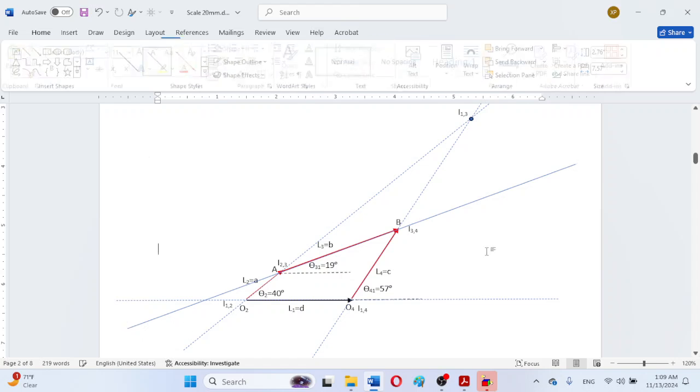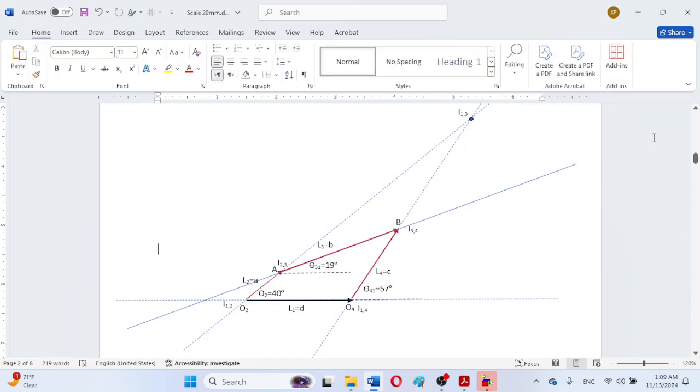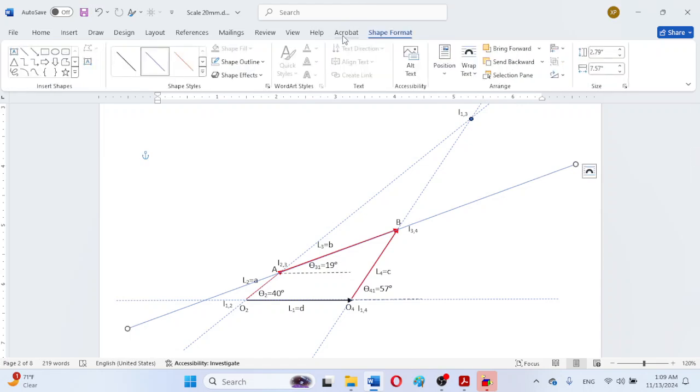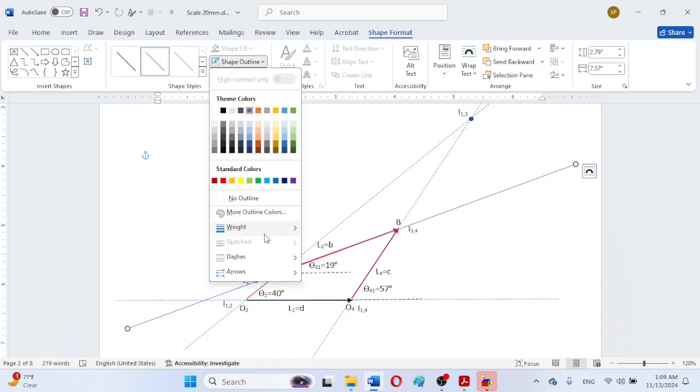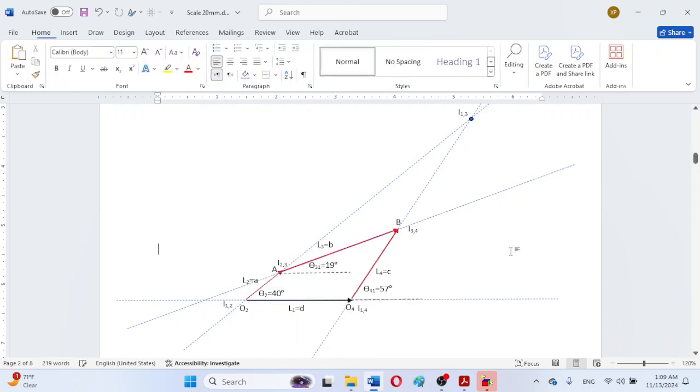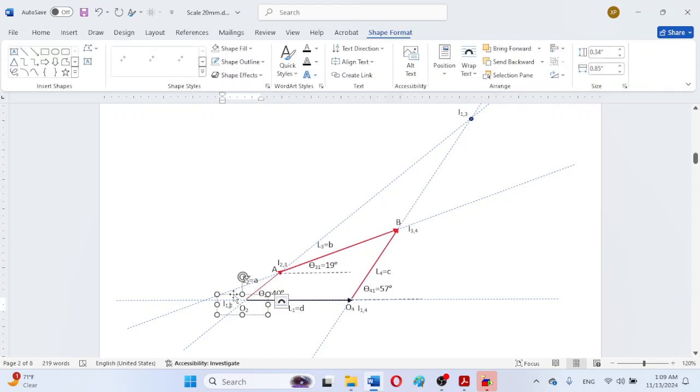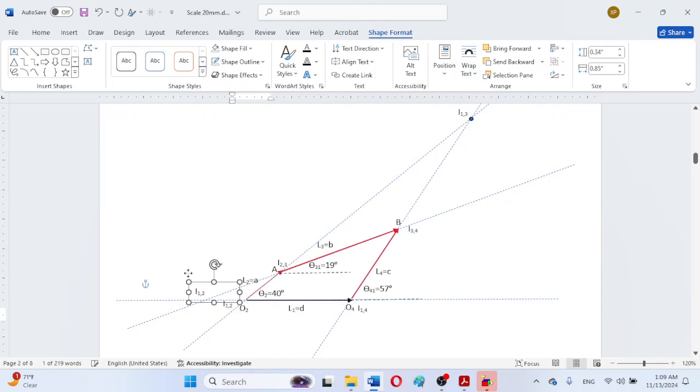Again change its pattern, shape and format. Now just copy any label and paste it here.